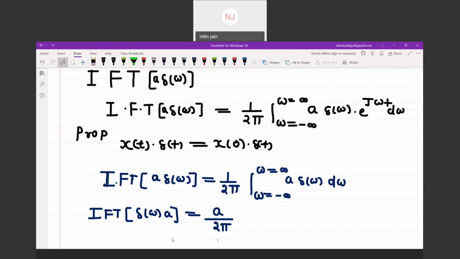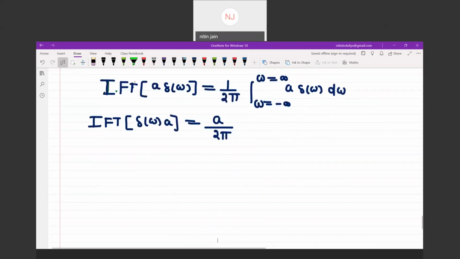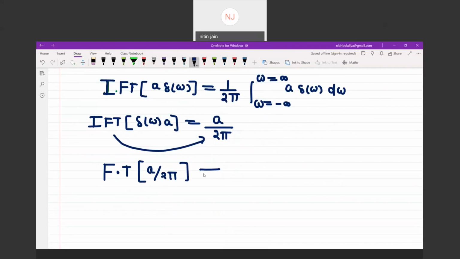And you can say, if I bring this inverse here, then the Fourier transform of a by 2 pi is equivalent to a del of omega.